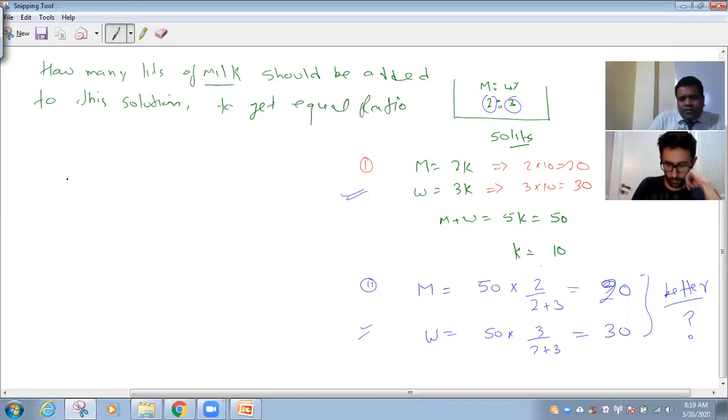How many liters of milk should be added to this solution in order to get an equal ratio? What would be your answer?